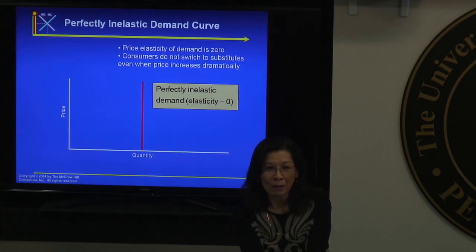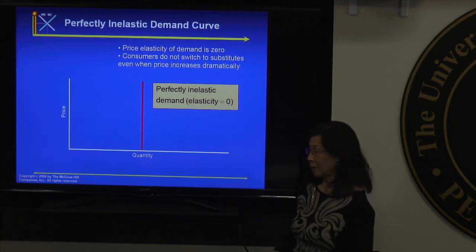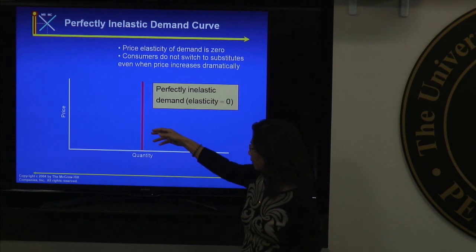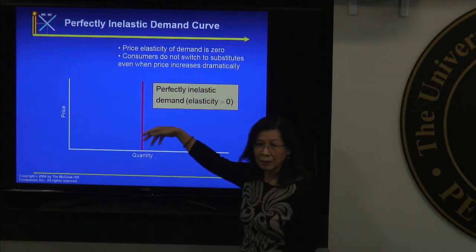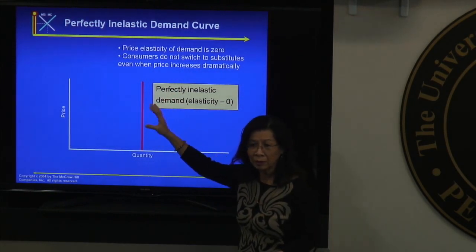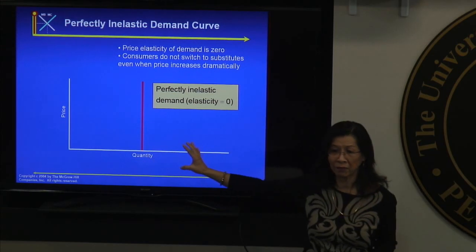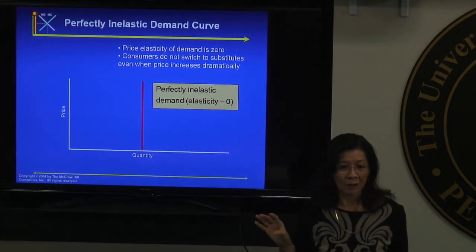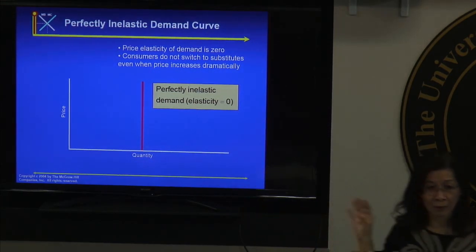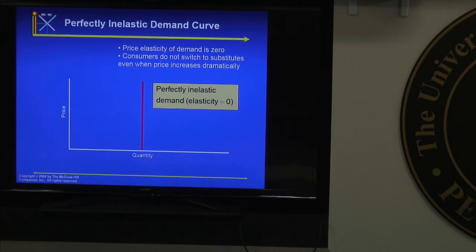So you will still consume the fixed amount. Insulin, yeah, you have to do your injection. If the price goes up, you're at the mercy of that price increase. You still have to consume that fixed amount. So does everybody get it? That's what perfectly inelastic means.